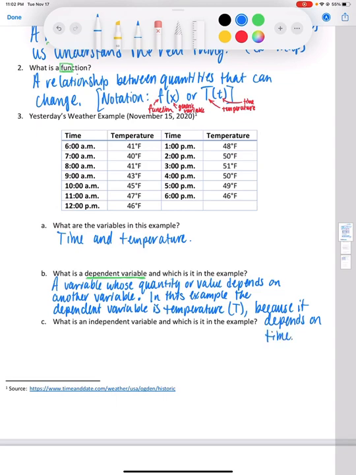What is an independent variable, and what is it in this example? Well, an independent variable is a variable whose quantity or value does not depend on another. So our key word here is independent variable.